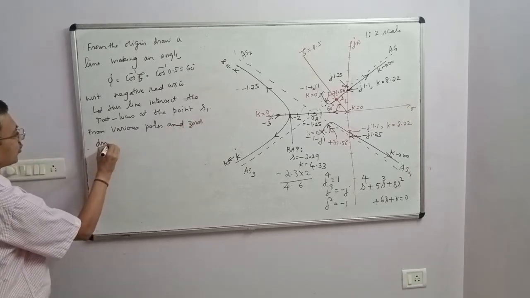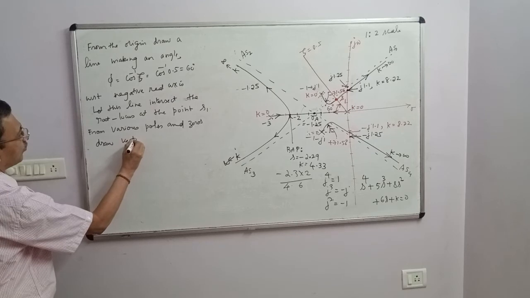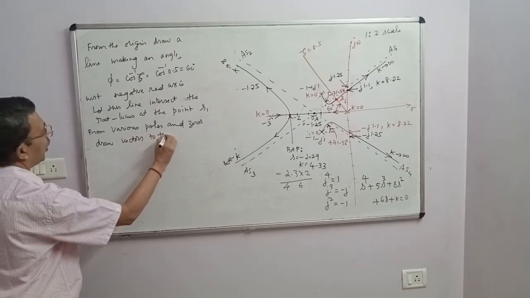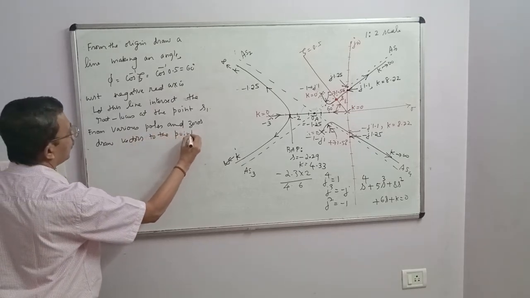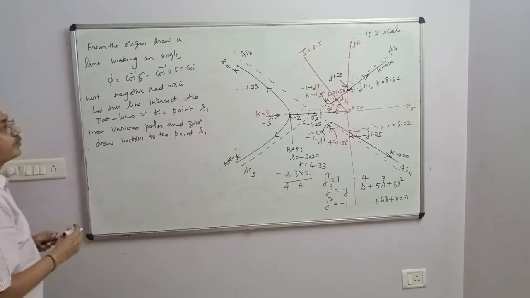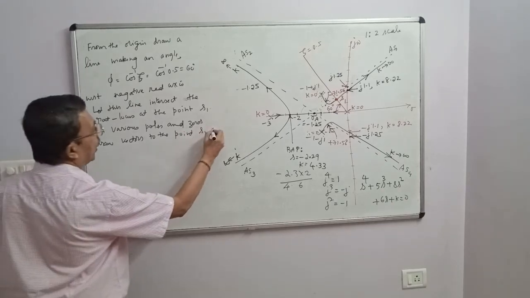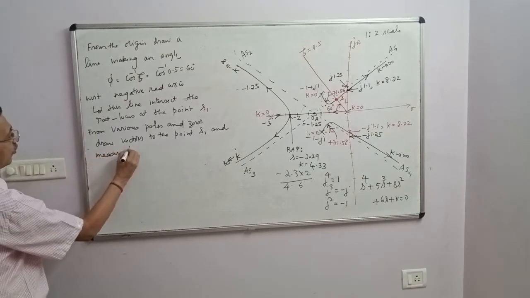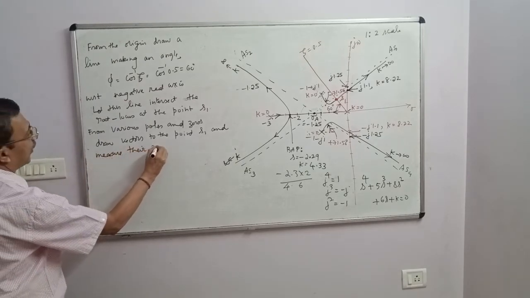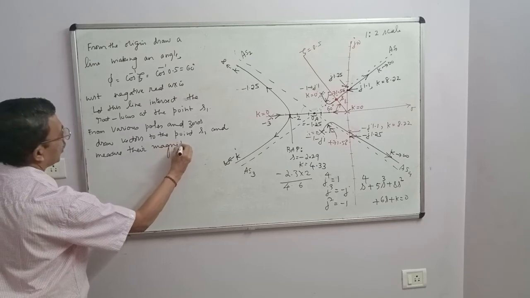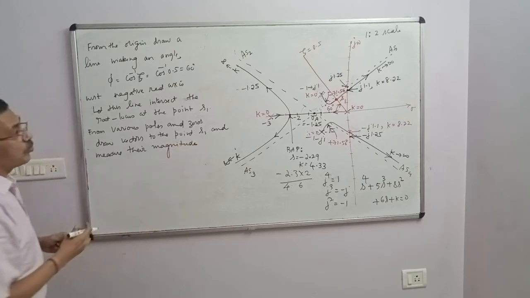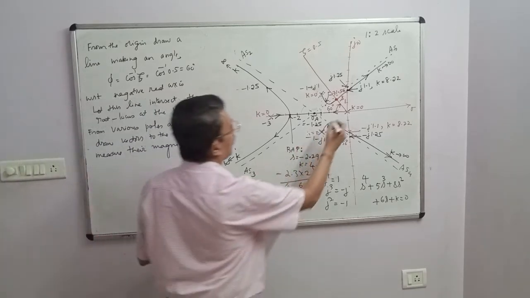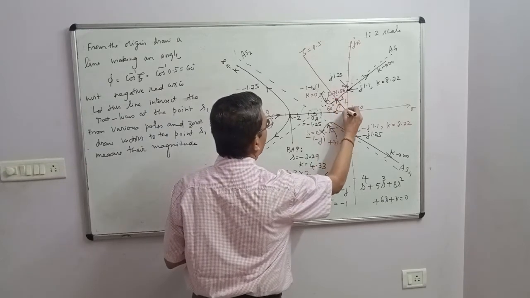draw vectors to the point S1 and measure their magnitudes. What I mean is, from this pole draw a vector to point S1.